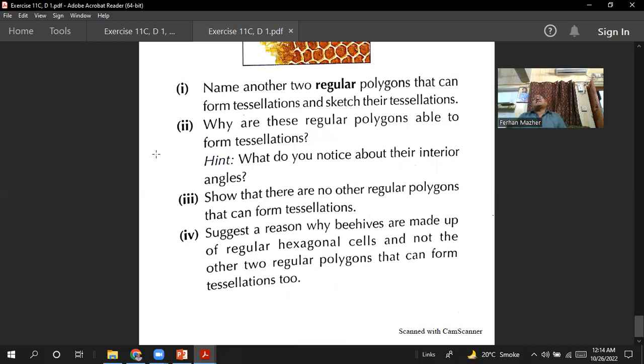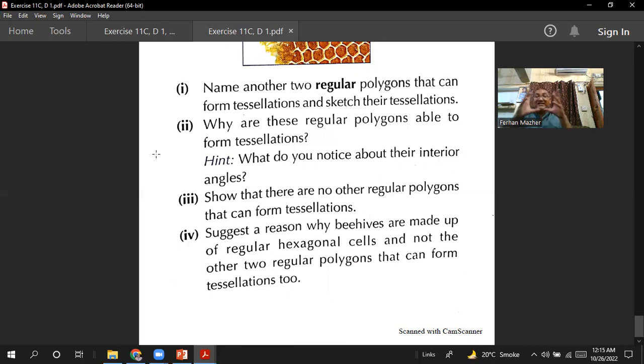The reason is that when they make regular hexagonal cells, no space is wasted, and the maximum volume of honey can be stored. And this structure is very strong.